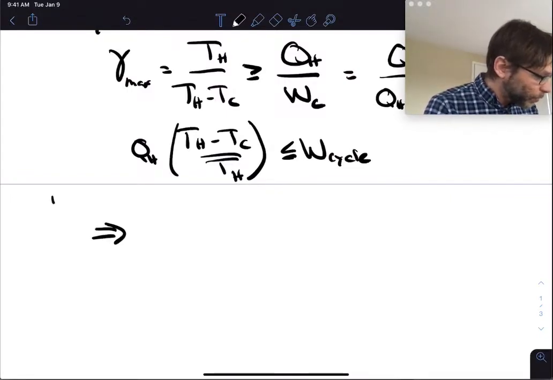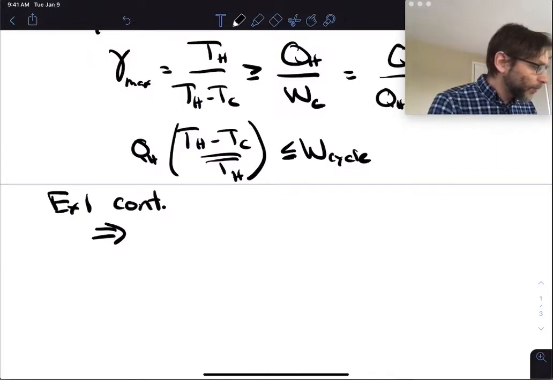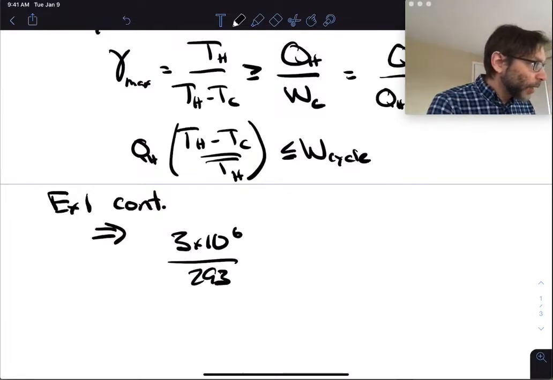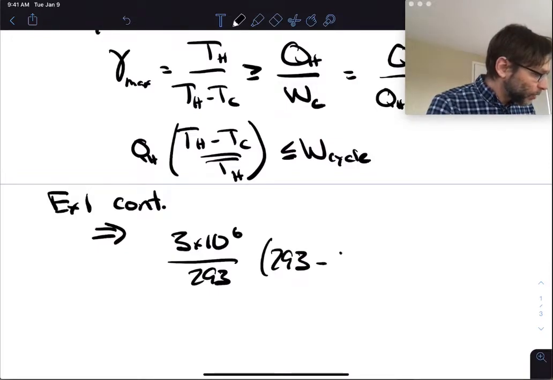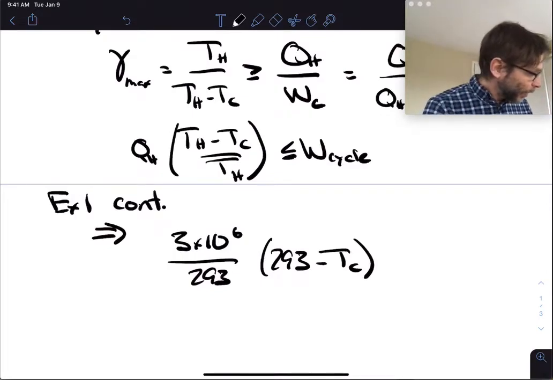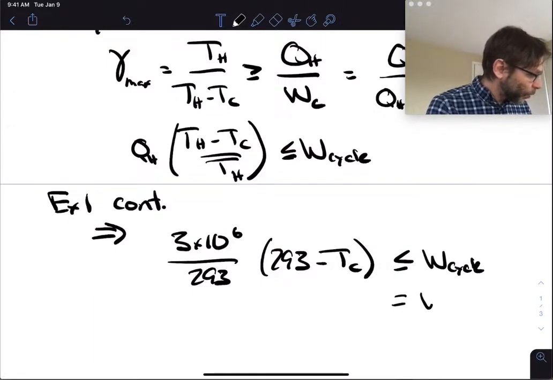Example 1 continued: 3 times 10 to the 6 kilojoules divided by TH, which we already know is 293, times 293 minus TC. Just rearranging that equation a little bit. And that has to be less than or equal to the work of the cycle, and we can say it's equal to the work of the cycle min.